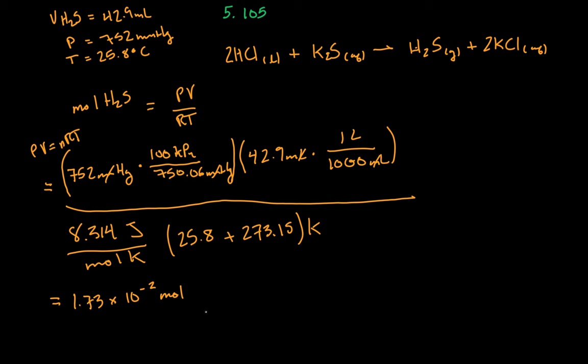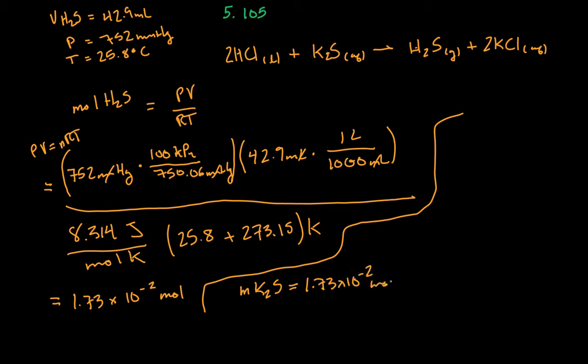The mass of potassium sulfide equals moles times the formula weight: 1.73 times 10 to the negative 2 moles times the formula weight of potassium sulfide, 110.27 grams per mole. That gives us a total mass of 0.191 grams. There you have it.